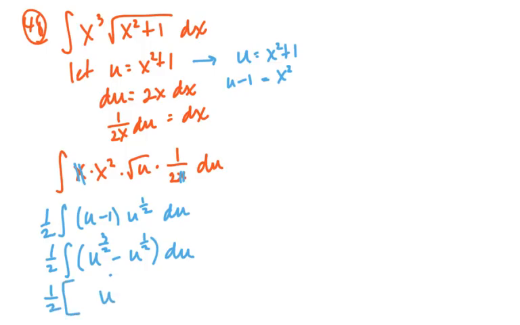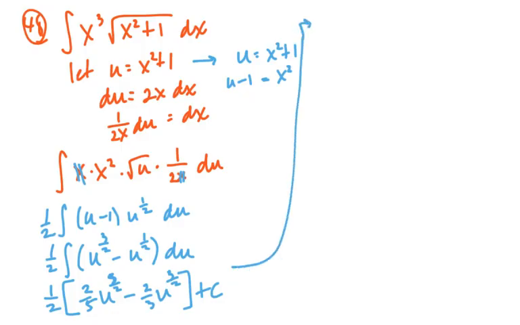So u to the 3/2, we add 1 and get u to the 5/2, 2/5, minus this becomes u to the 3/2, 2/3, plus c. We're going to distribute the 1/2. So we have 1/5 u to the 5/2 minus, distribute, 1/2 times 2/3 is 1/3 u to the 3/2 plus c.